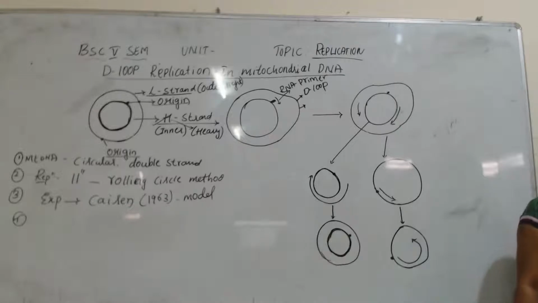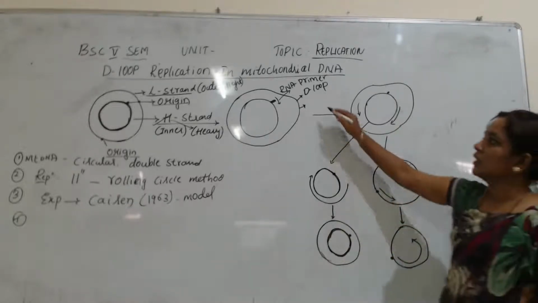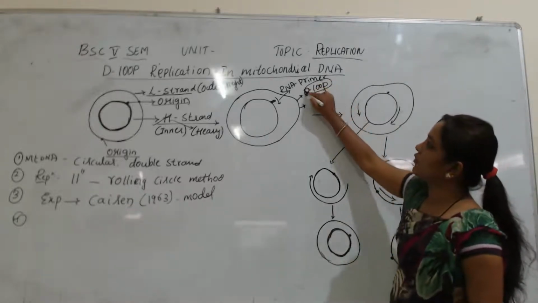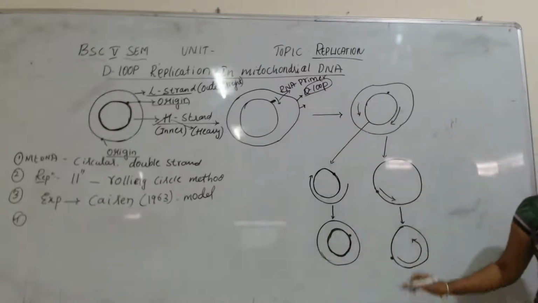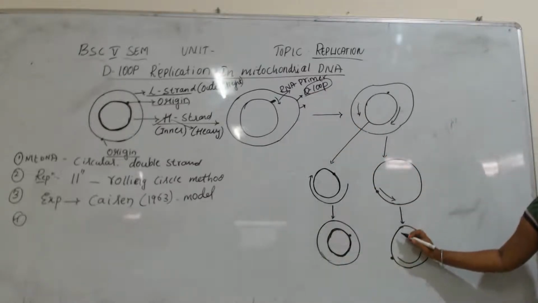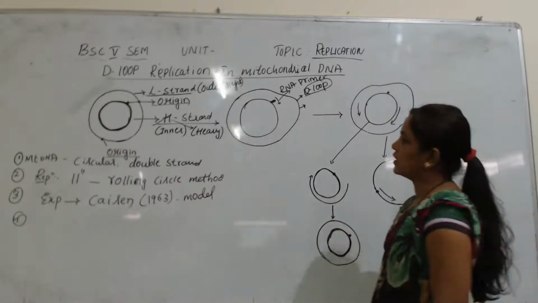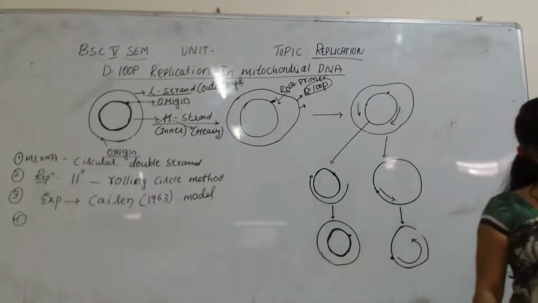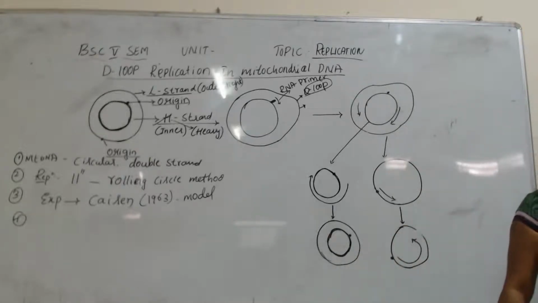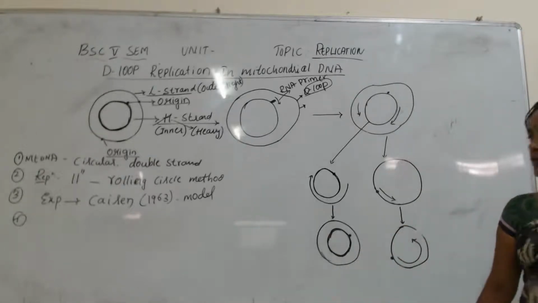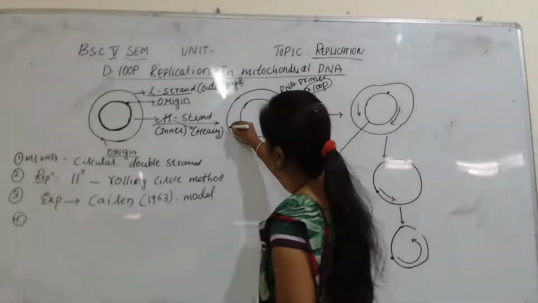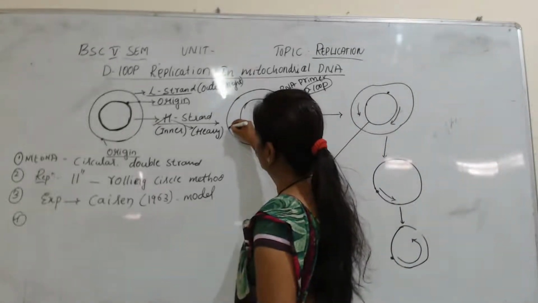And this is called what? The D loop. The balloon-like structure is called D loop replication. The D loop appears opposite to the origin of replication of the H strand. So here is the origin of the H strand.